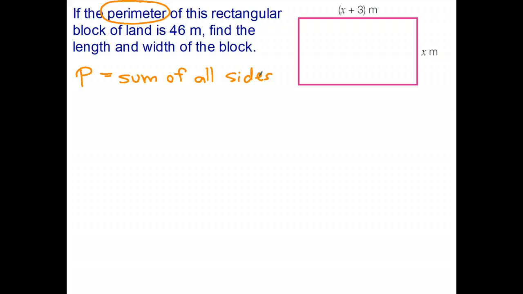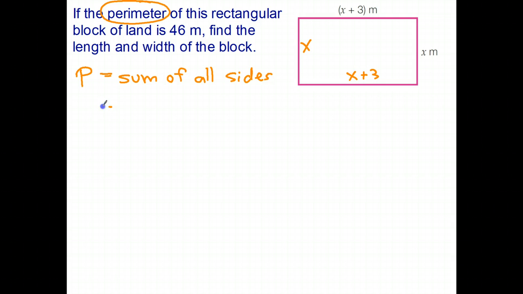So there are fancy formulas you can use for rectangles, which is fine. You can use that. But I'm just going to use my sum of all sides formula. And that makes the equation fairly easy to find because I know that that side is just x plus 3 meters. The m, by the way, is meters. It's not a variable. And that side's the same as that, which is also x.